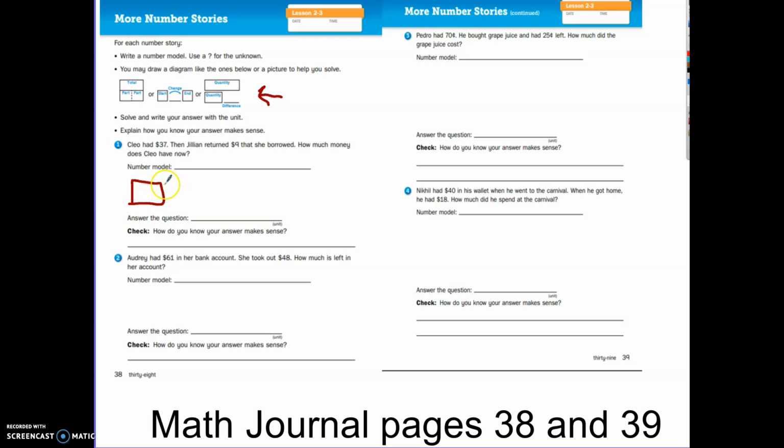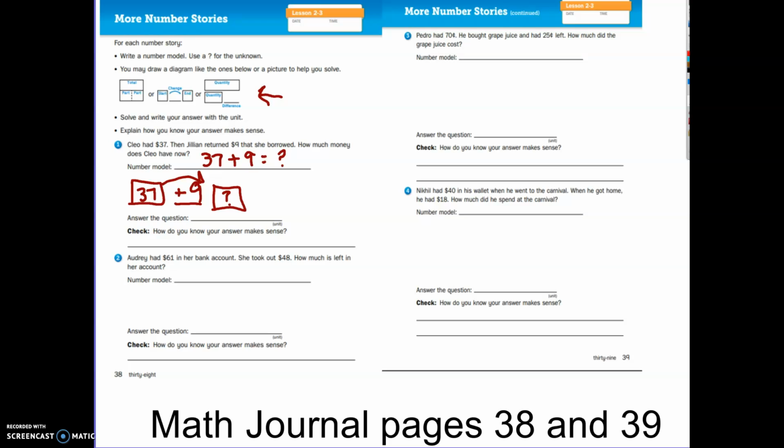I'm going to do the start, change, end diagram because he started with 37. She gave him, I'm going to put a plus sign because when you give it, you're adding it. She gave him $9. I don't know how much he has, so it's going to be a question mark. So my number model is going to be 37 plus 9 equals question mark because that's the unknown.